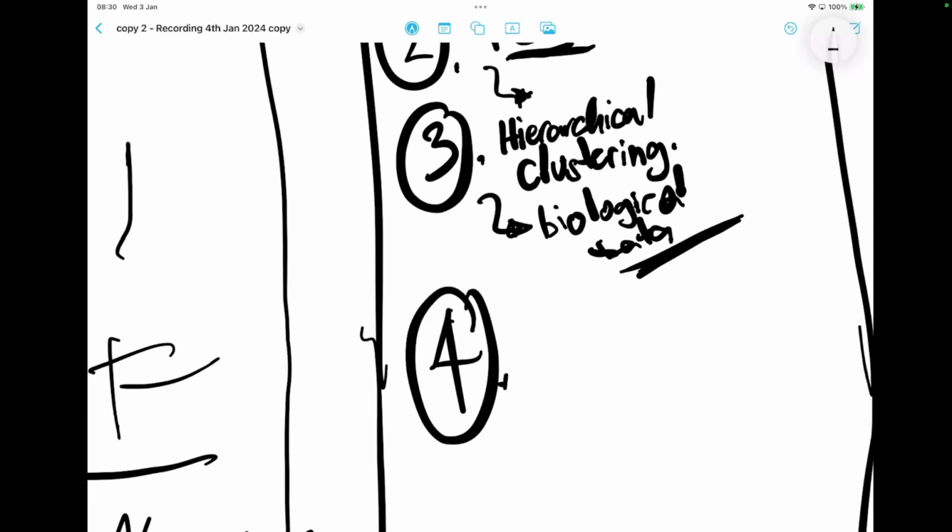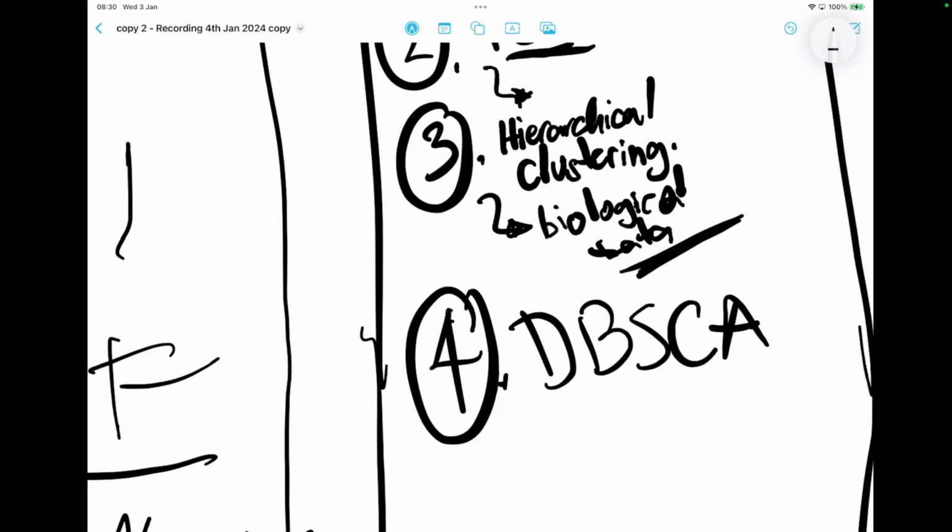The fourth algorithm in the unsupervised learning algorithms is density-based spatial clustering of applications with noise. And that's a very long name. We use abbreviations for this one: DBSCAN, which stands for density-based spatial clustering of applications with noise.